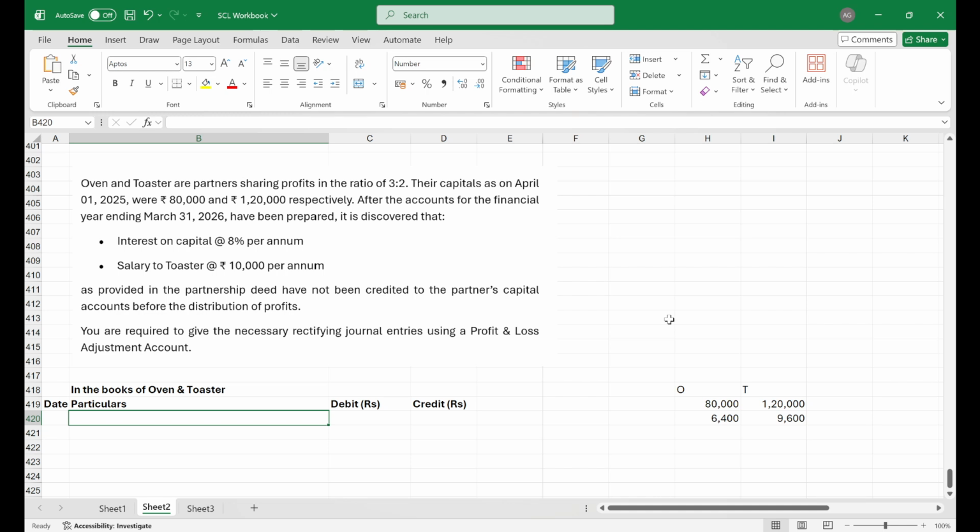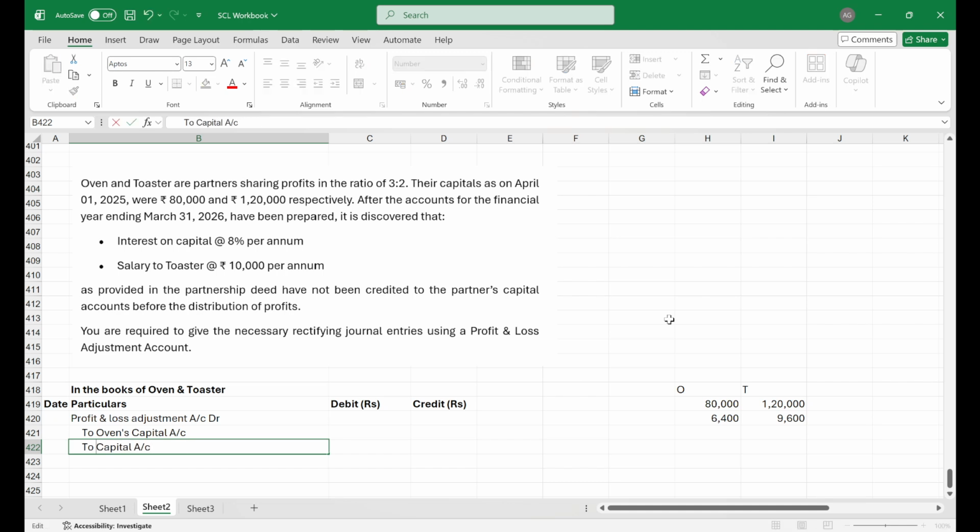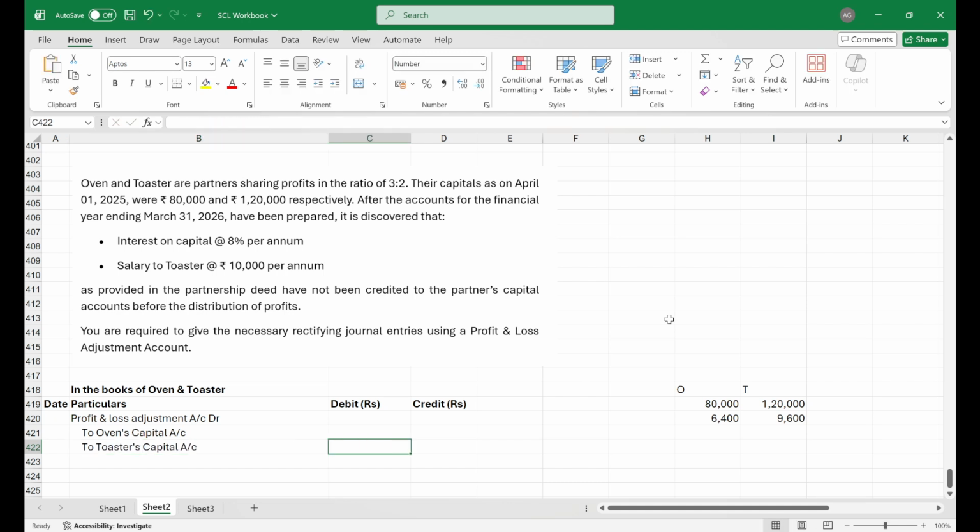Here the rectification entry will be a bit different. So you have to debit profit and loss adjustment account, and credit Oven's capital account and Toaster's capital account. The amount is 6,400 credit Oven and 9,600 credit Toaster.